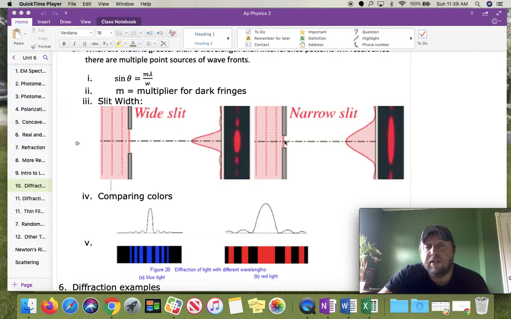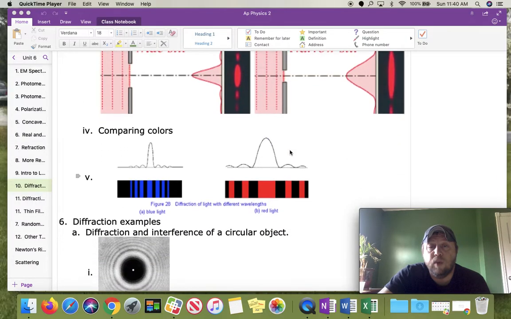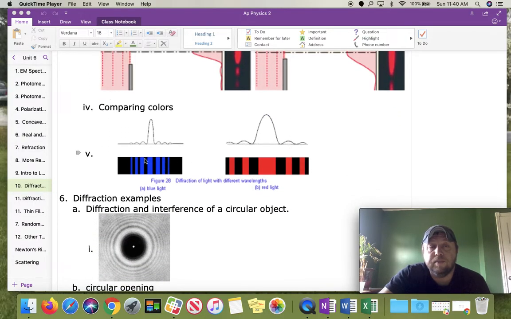As the slit width gets closer to the wavelength of the light, this continues to spread out, and we have very little interference pattern on the fringes because it's propagating outwards as a circular wave.